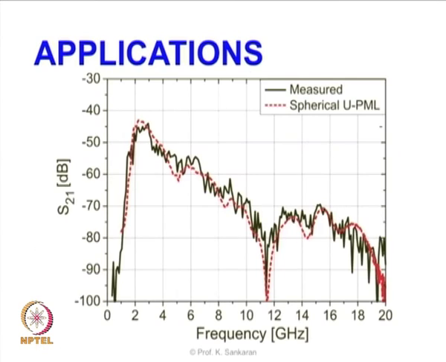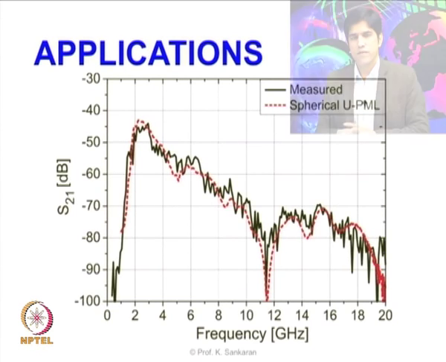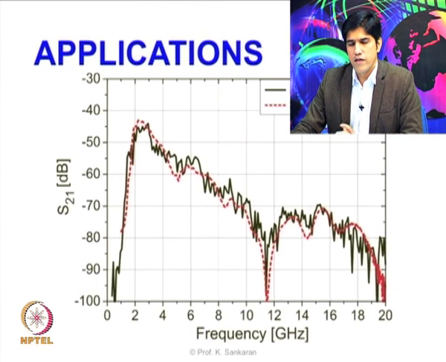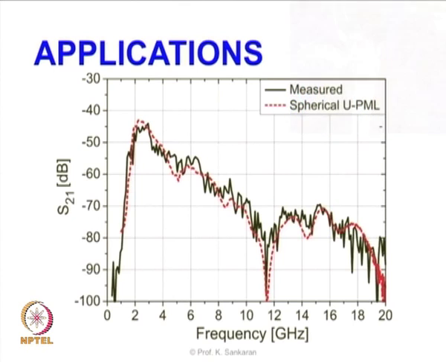We are also able to see the S21 parameter, the scattering parameter we are computing, using 2 cases, one using the spherical radial PML, and we are comparing it with the measurement result from the antenna chamber. What you see here is that as the frequency increases the performance improves, for the similar reason that we discussed before, and the results of the spherical PML are quite close to the measurement result.